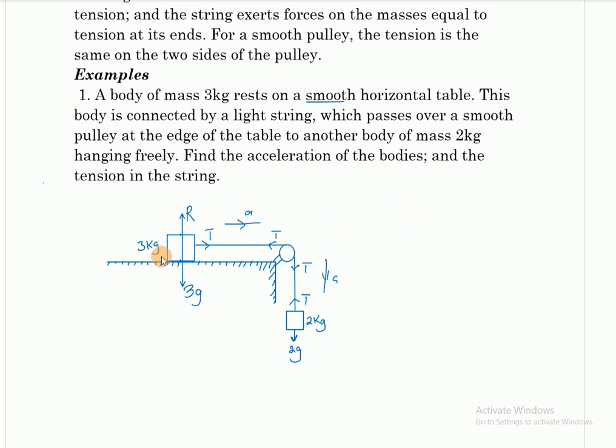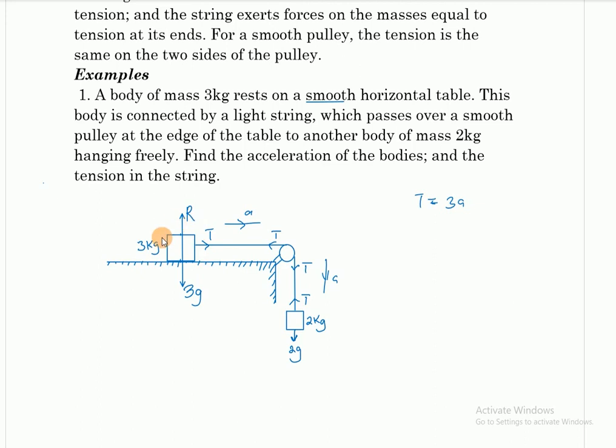So for the motion of the 3 kg body, we have that T is equal to 3a, because the mass involved here is 3 kg. What we do is look at the forces acting on each particle.